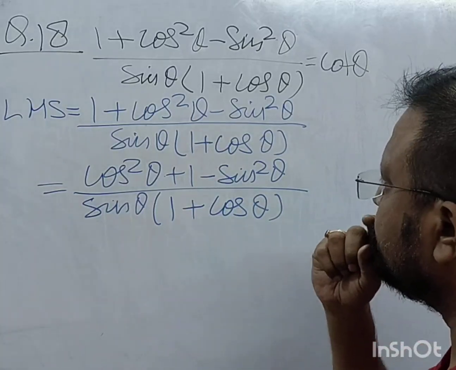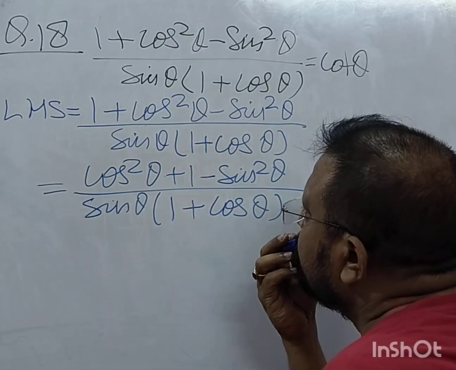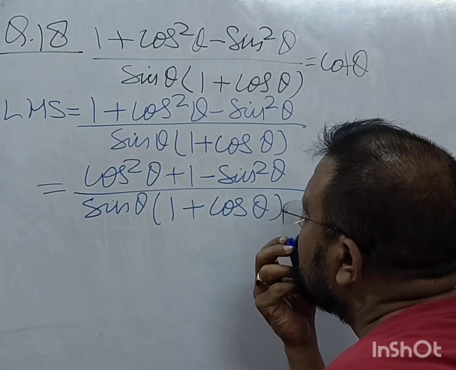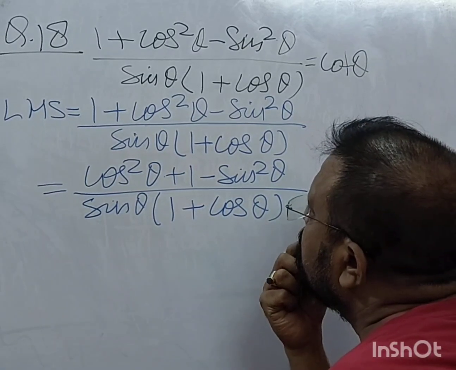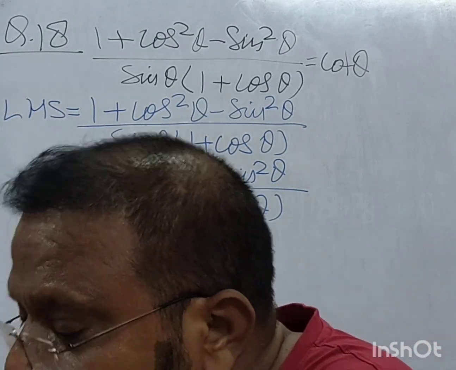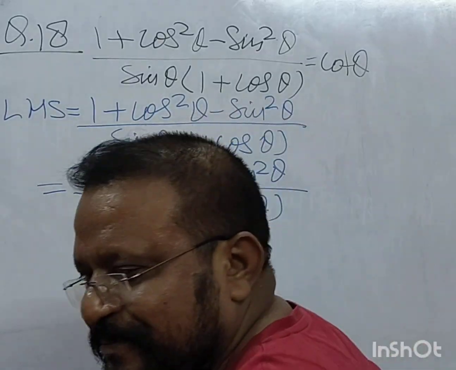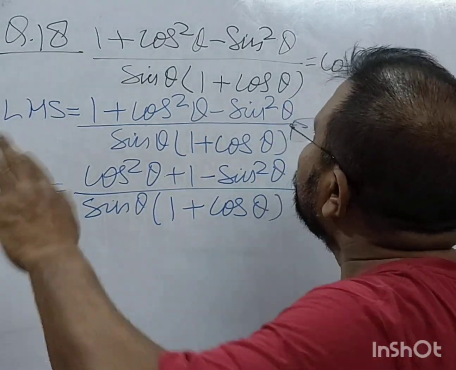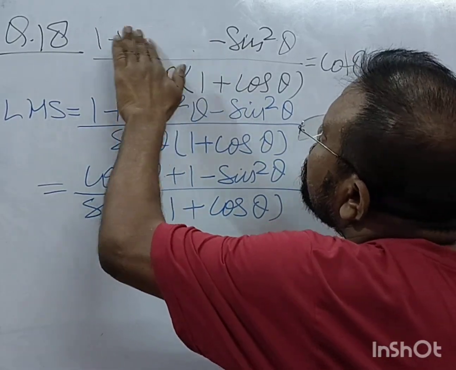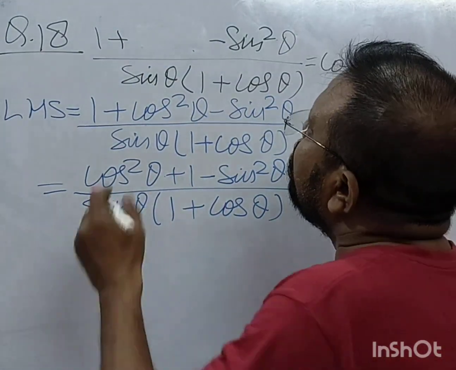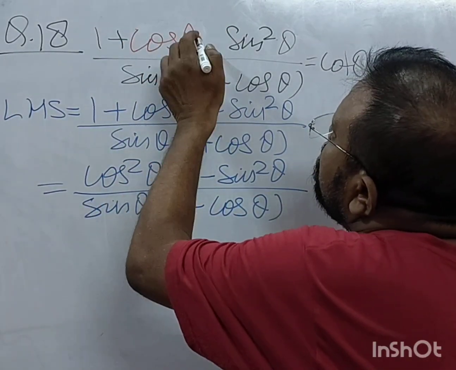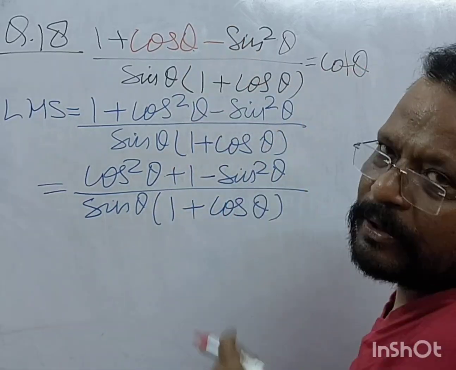You can write it like this. The question is like this: 1 plus cos theta minus sin square theta is equal to cot theta.